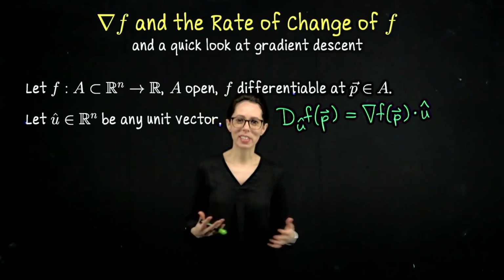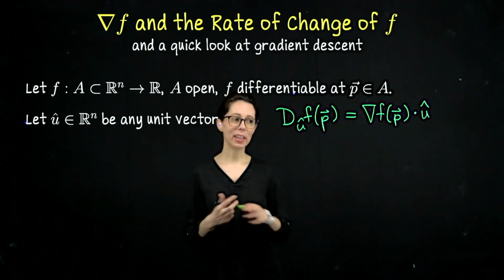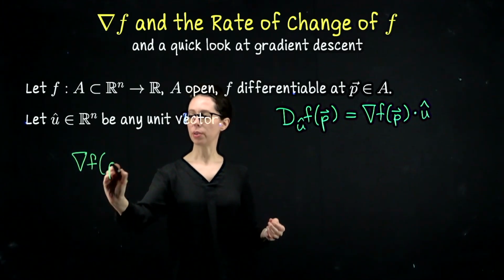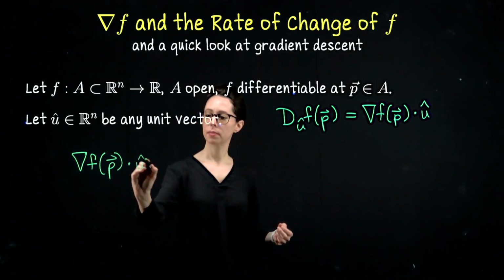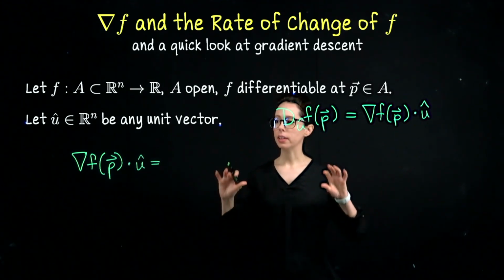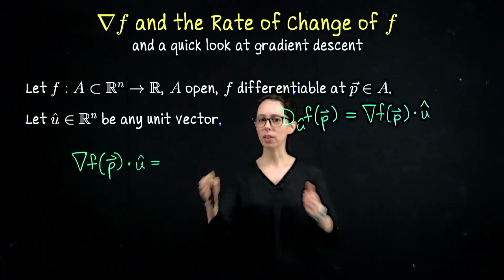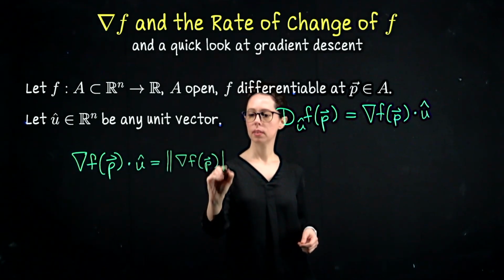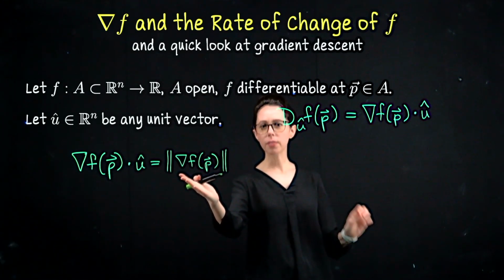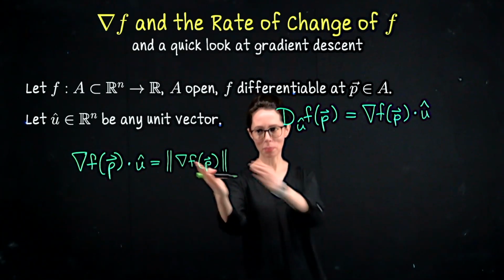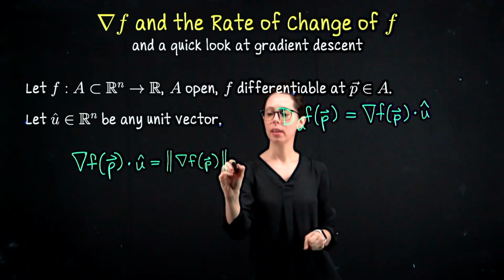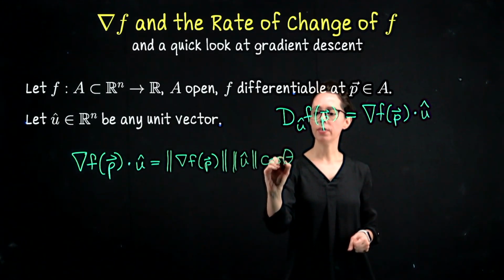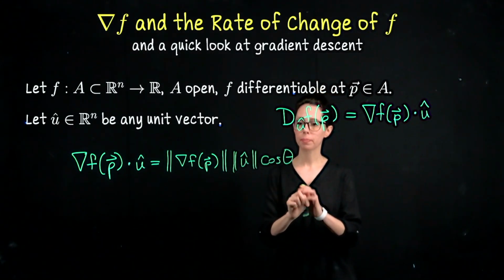The thing about a dot product is that we have a nice way to write it in terms of other components. So in particular, let me remind you that this dot product between two vectors can be written as their lengths multiplied times the cosine of the angle that they open up between them. So we'll say the length of the gradient, so this is a vector of numbers evaluated at p, meaning once I plug p into the gradient, it's just a vector, and then times the length of this unit length vector, times cosine of whatever angle they're opening up between them in the domain.